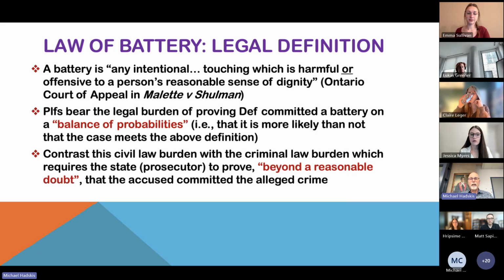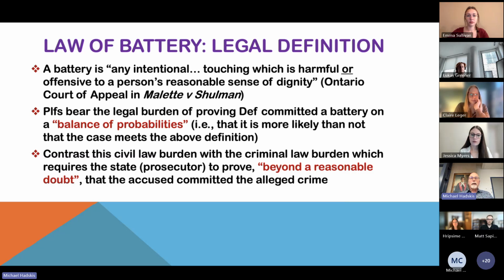The other thing to note is that the plaintiff who brings the action against a defendant in battery or any other tort has the burden of proof on a balance of probabilities of establishing that the defendant has committed that tort. So here, Millett will have the burden of showing that Schulman committed the tort of battery. As I say, it's on a balance of probabilities. What does that mean?